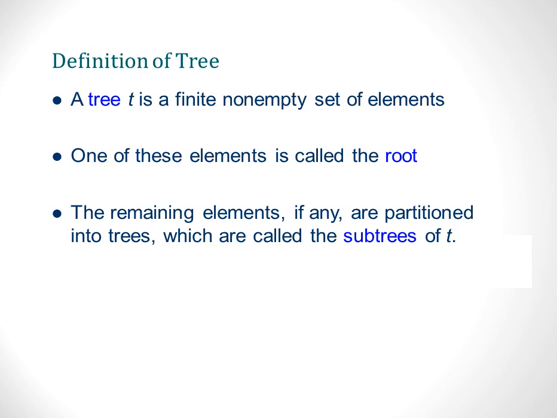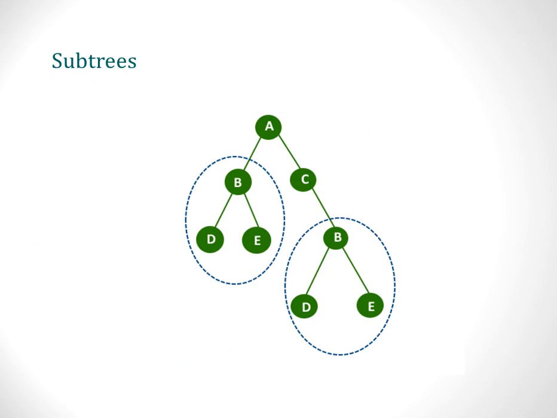It has a root element and the remaining elements are partitioned into many subtrees. A tree can have any number of subtrees because a subtree consists of any number of nodes. Let's take this example tree. Here, A is the root of the tree and the nodes B, D and E represent a subtree of the tree.